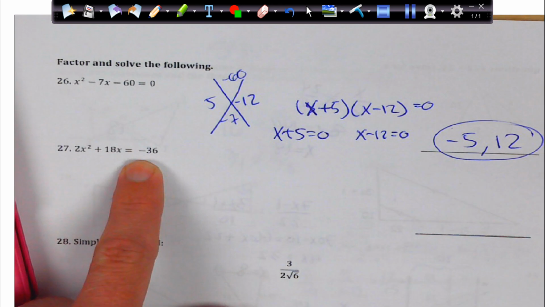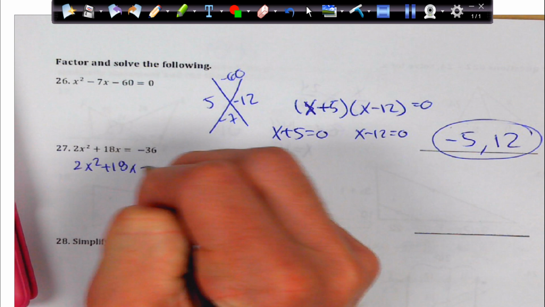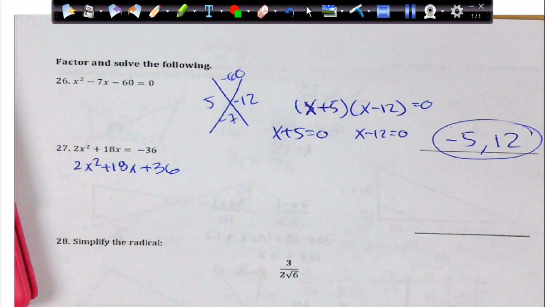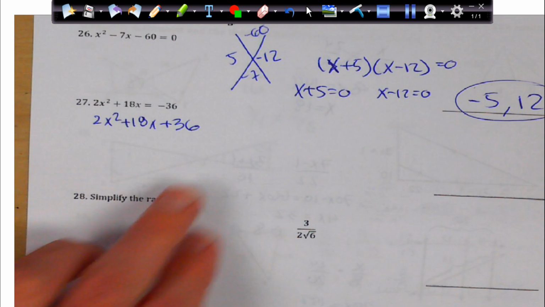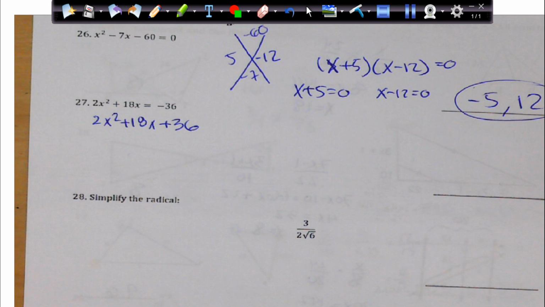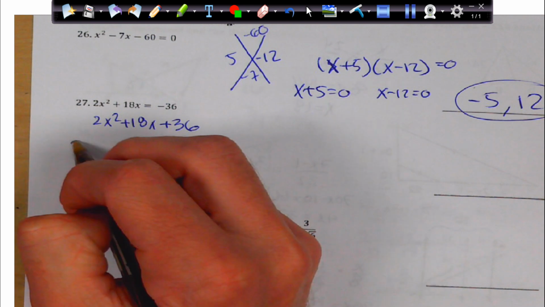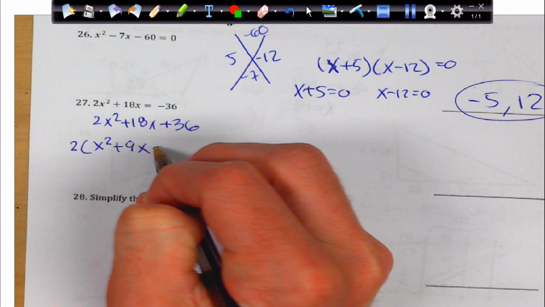This one we just got to move the 36 over. So we get something that looks like this. I was asked to show split the middle term, I think. I would divide by 2 and then you don't have to split the middle term. So yeah, I'm not going to do split the middle term because it's actually not the right way to do it.